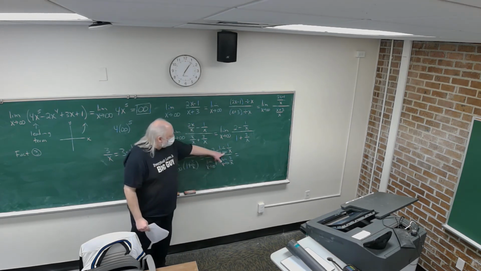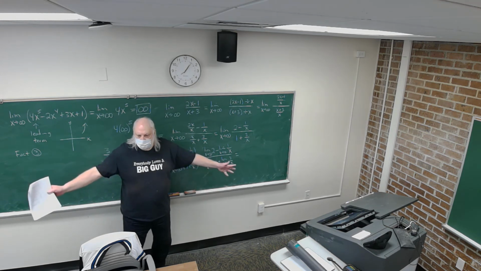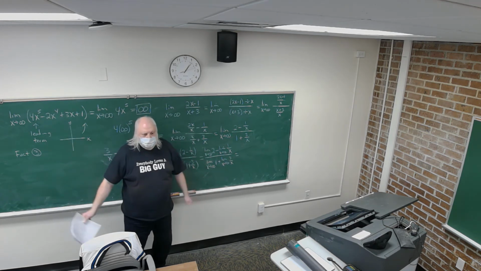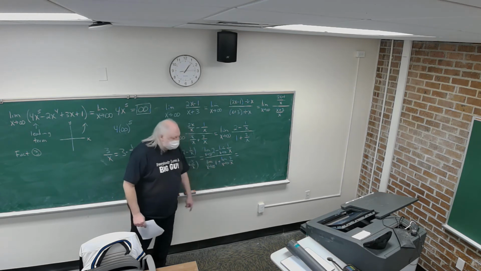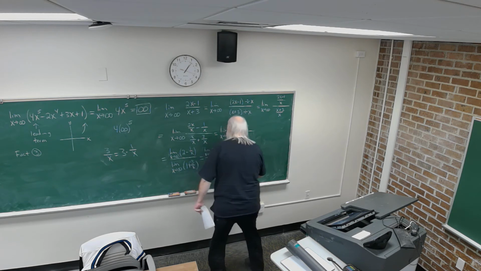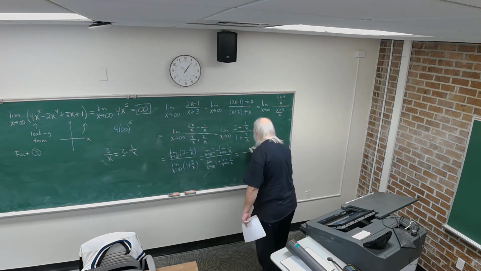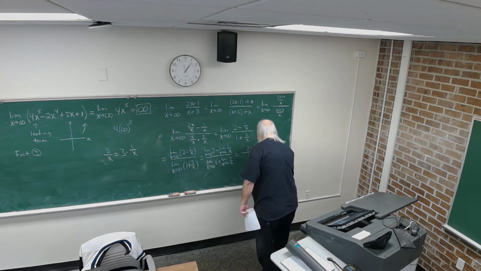As x increases without bound, 1 over x goes to 0, and 3 over x goes to 0, and the limit of a constant is just the constant. So we have 2 minus 0 over 1 plus 0, which is 2.